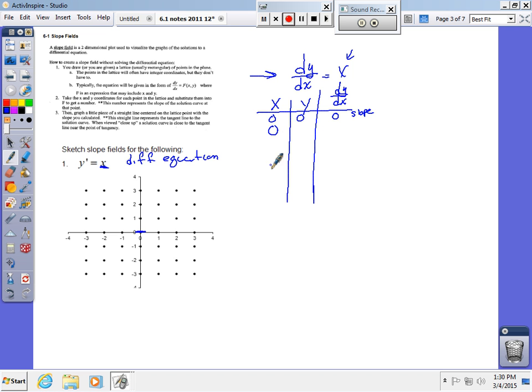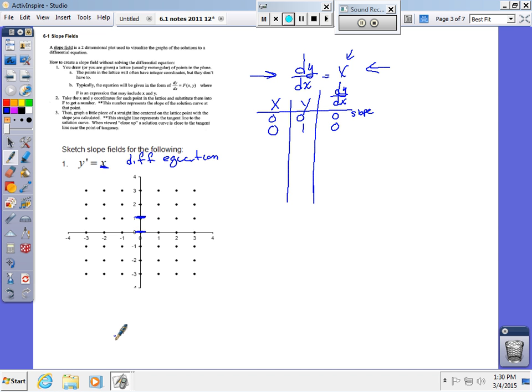So if I choose the point 0, 1, which is right here, I plug 0 in for x, that's the only thing there, and my slope is going to be 0 again. So I put another horizontal small dashed line here to represent the slope.